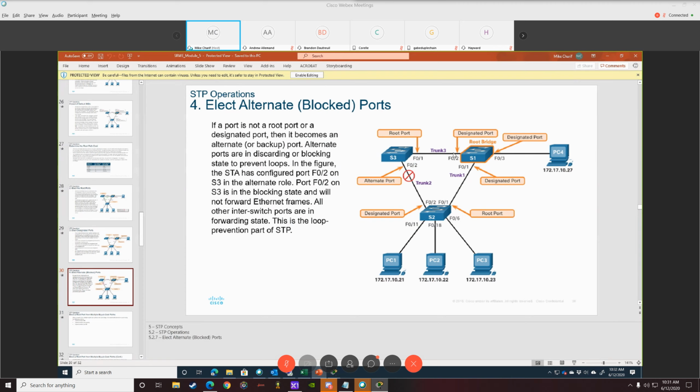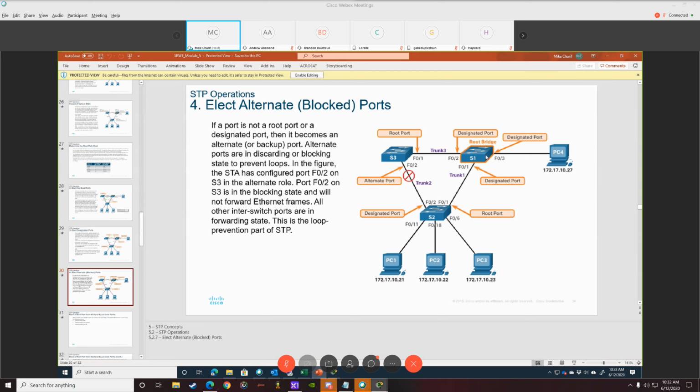So in the process, step number one, we need to elect the root bridge. We discussed the three criteria that elect the root bridge. We talked about the bridge ID, which has three fields: the priority value, the MAC address, and the VLAN.